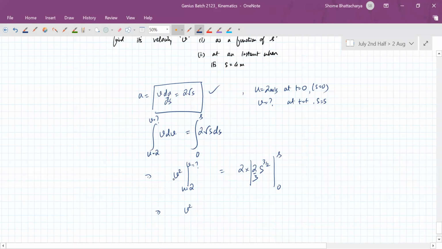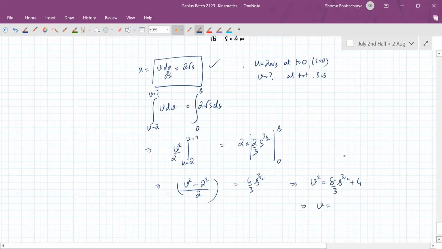v square by 2 minus 2 square by 2 is equal to 4 by 3 s to the power 3 by 2. Right. So we'll get v square is equal to 8 by 3 s to the power 3 by 2 plus 4, or v is equal to... now here we can see that everything is happening in the positive direction.